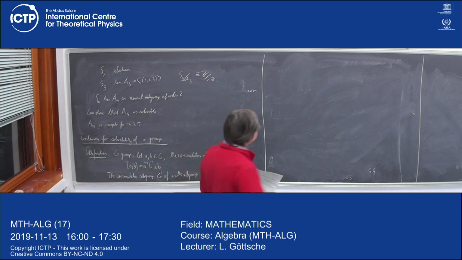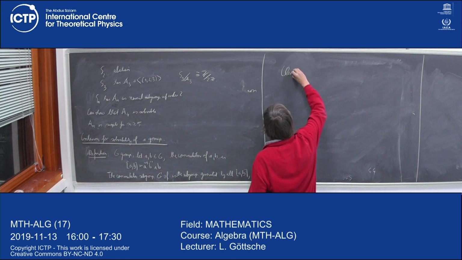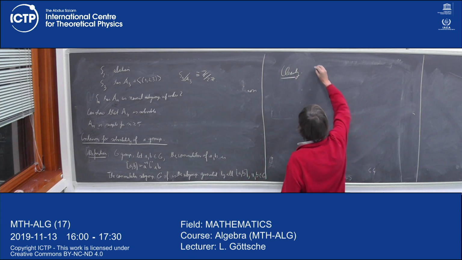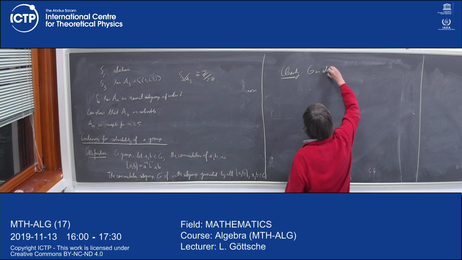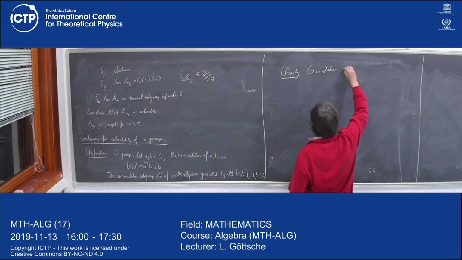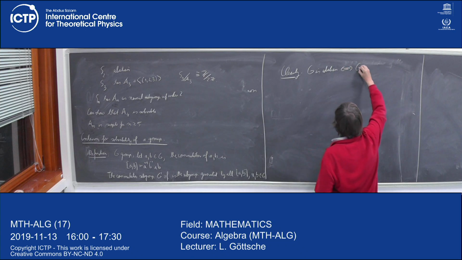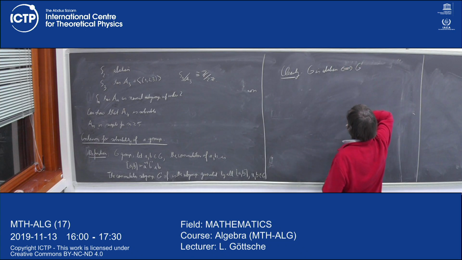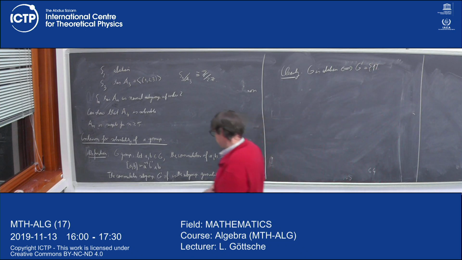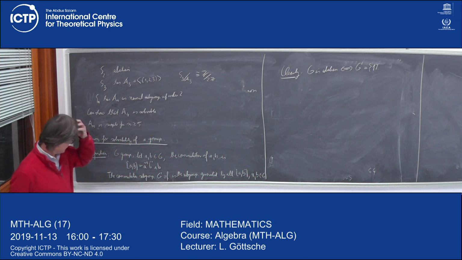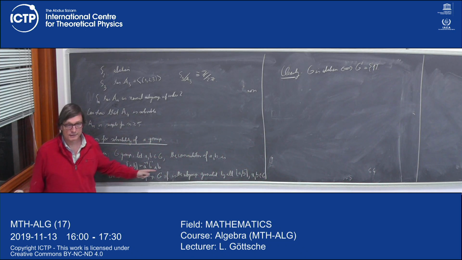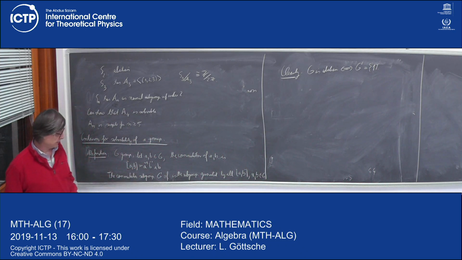So clearly we have that G is abelian if and only if the commutator subgroup of G is just 1. Because, as you can see easily here, a and b commute if and only if the commutator is 1.